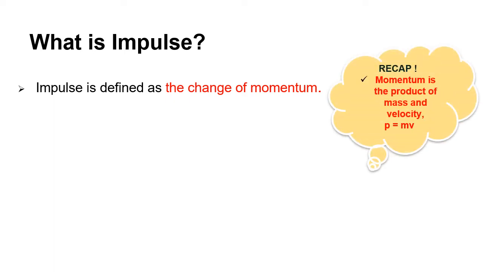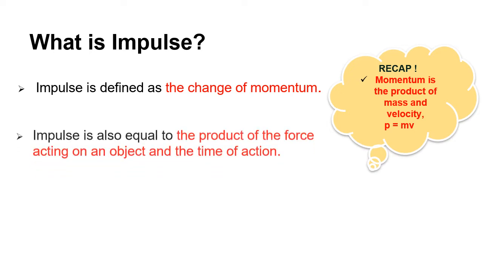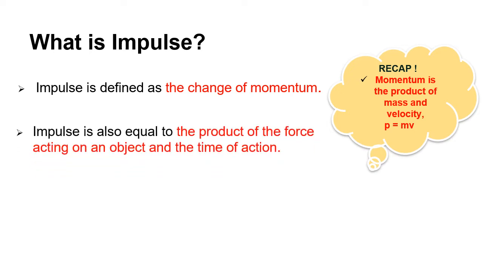Momentum is the product of mass and velocity. We can state the formula as P equals mv. Impulse is also equal to the product of the force acting on an object and the time of action. Impulse is a vector quantity. It means that impulse has magnitude and direction.